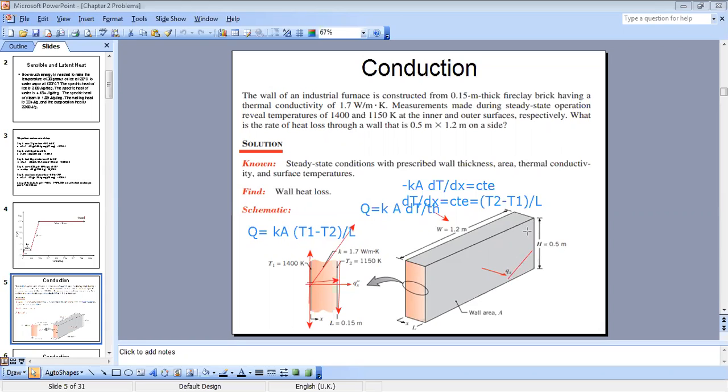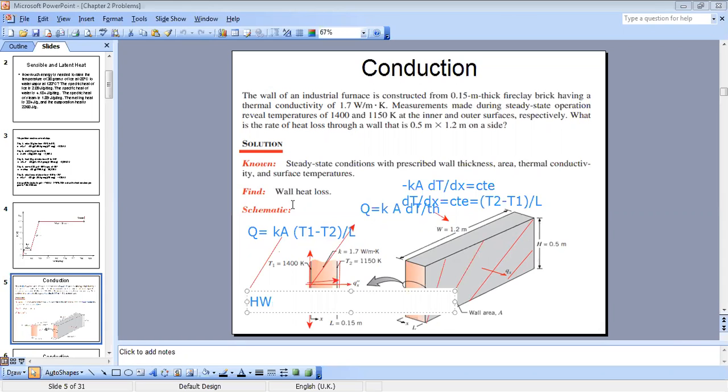This is a rectangular area, and it's equal to the height h times the width w. So we replace A here by h times w, and please pay attention to your units.